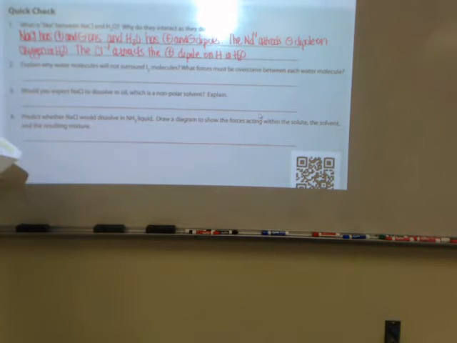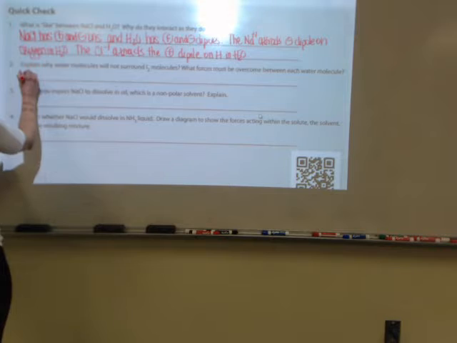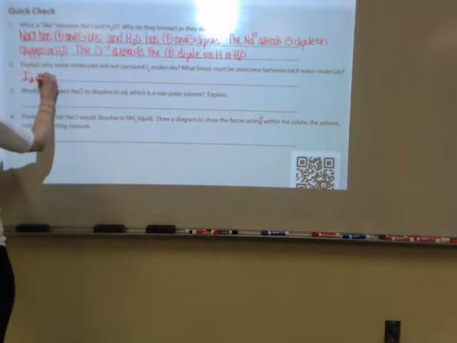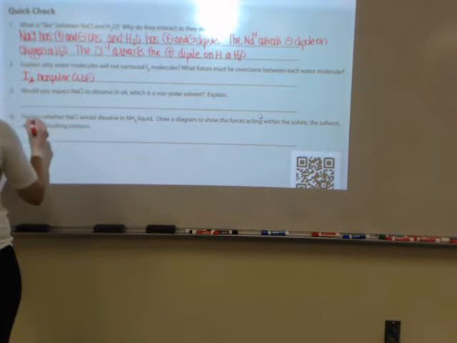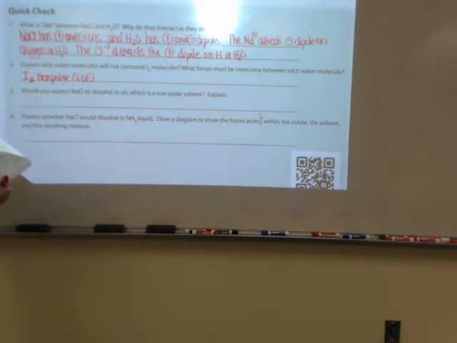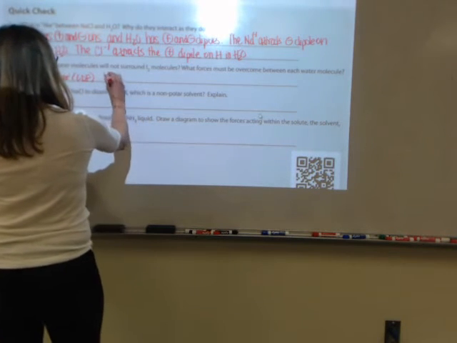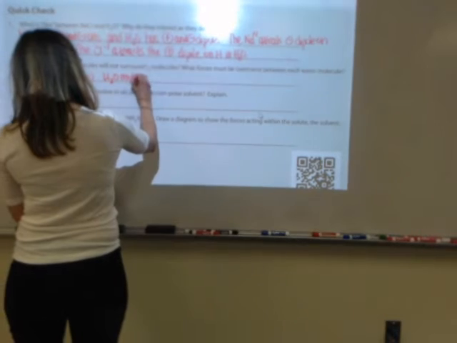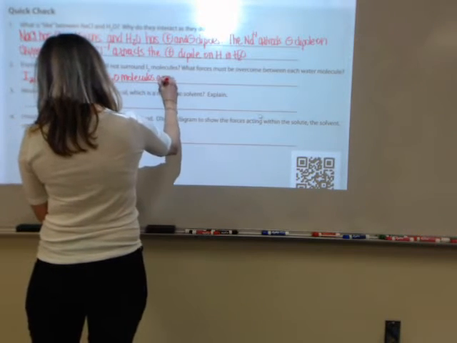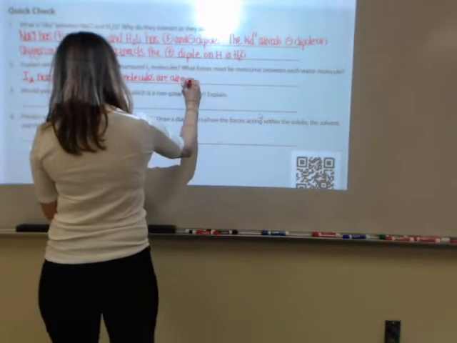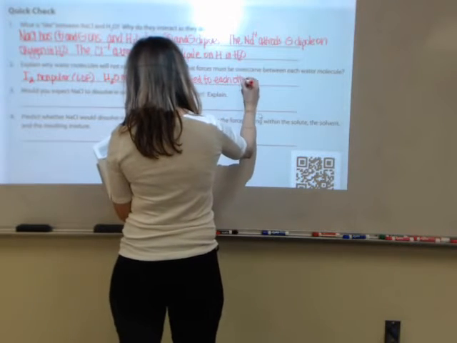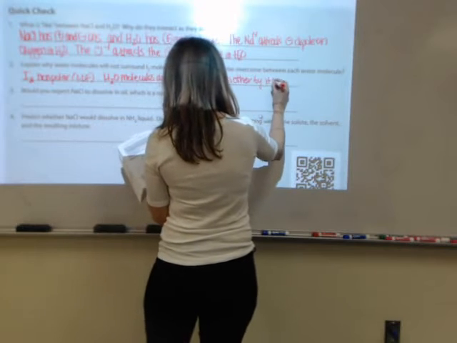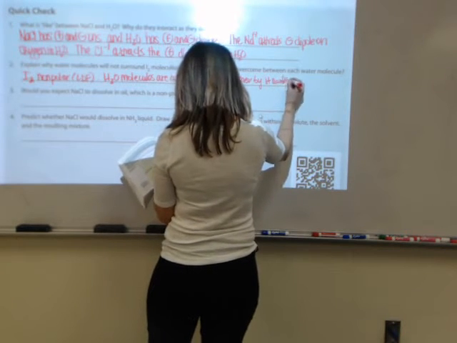Number 2, explain why water will not surround I2. What forces have to be overcome between each water molecule? So I2 is nonpolar. So that means it has London dispersion forces in between its molecules. And the water molecules are attracted to each other by hydrogen bonds.